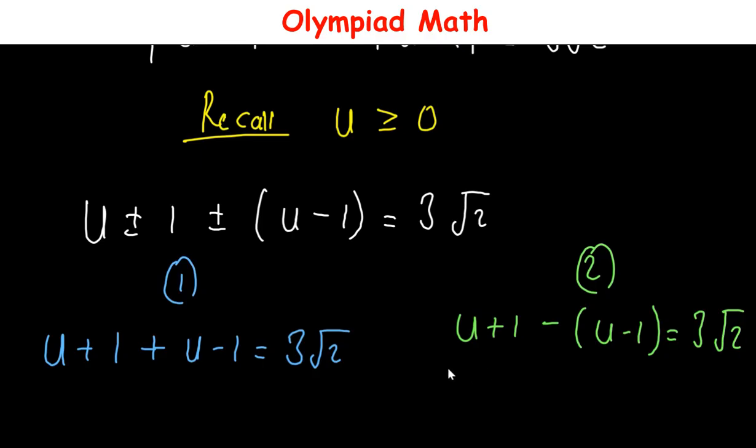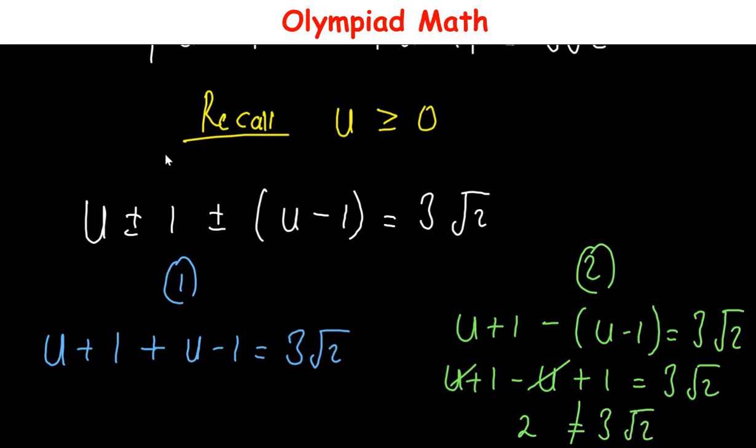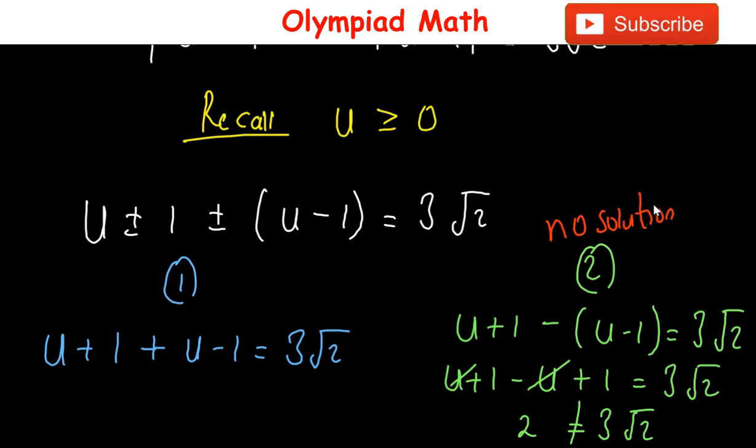So solving this, we have u plus 1 minus u then plus 1 is equal to 3 times the square root of 2. So minus u will cancel plus u. 1 plus 1 is 2, and this is not equal to 3 times the square root of 2. So this means that there is no solution for case 2.